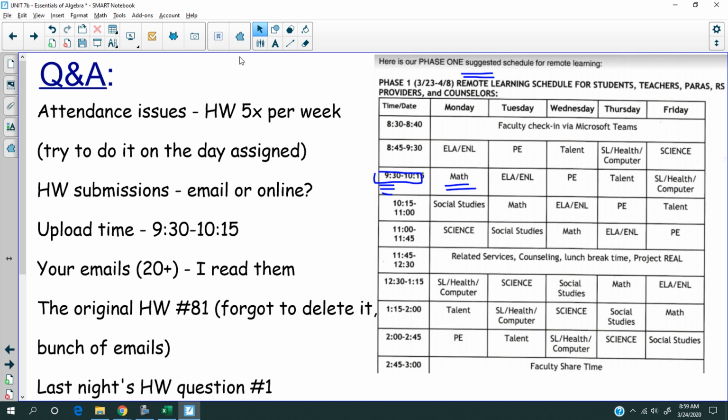Second thing is try to do that on the day assigned. Because when you submit your homework, I can see the timestamp. It tells me what date and time you submitted the assignment. It would help me a lot, and it would also help yourself to submit it that date, because by doing so, you're acknowledging that you were in class that day.